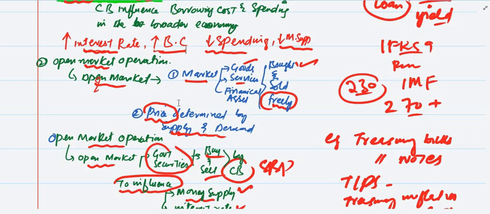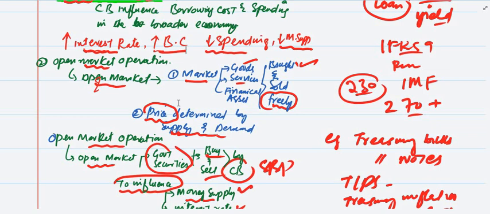So when the IMF told the government that you have to trade the dollar in the open market, and the dollar started trading in the open market, the rate of the dollar went up, and the reason behind that is that the price of the dollar was determined by the supply and demand of that dollar.